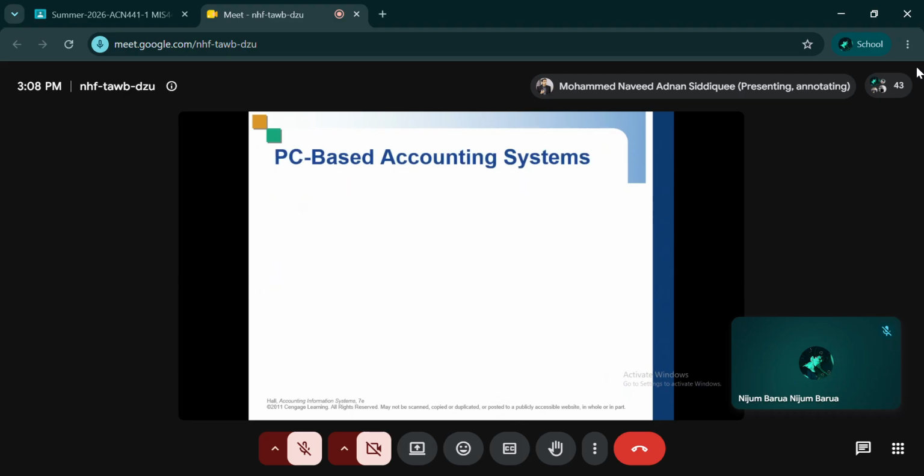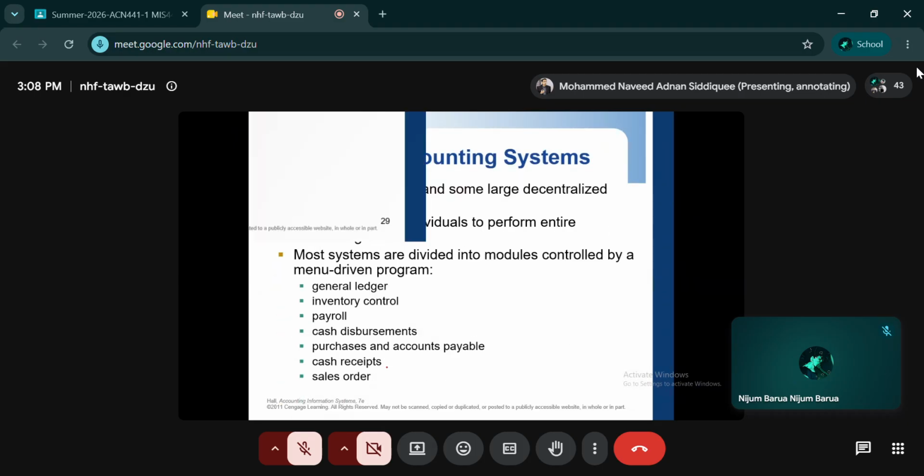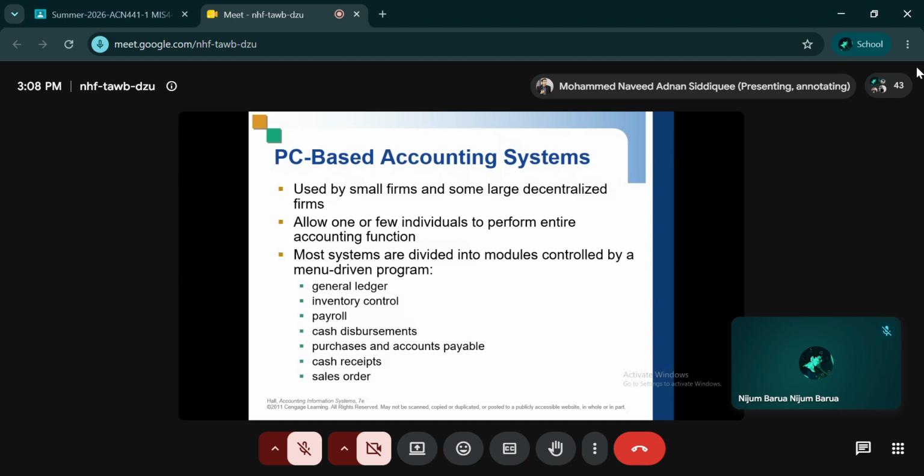Okay, so PC-based accounting systems are basically computerized accounting systems, right? The data and the information are stored on the hard drive, and the computers are used to perform all the accounting tasks. The modules of the accounting software are in the computer, so they're not using cloud-based accounting. There are different modules. For example, যেটাকে typical company use করে.